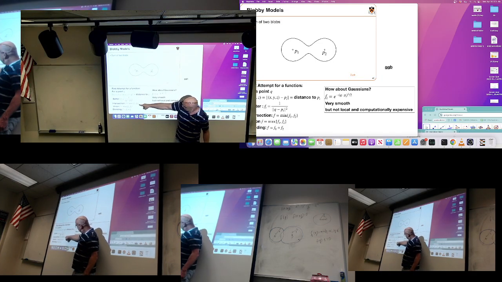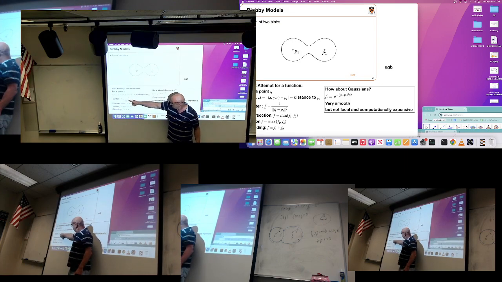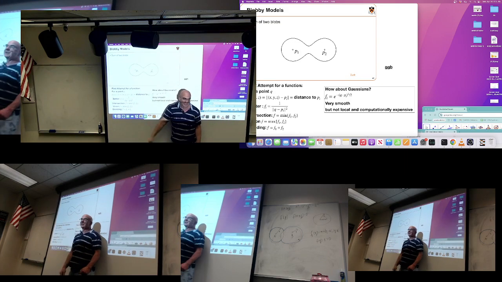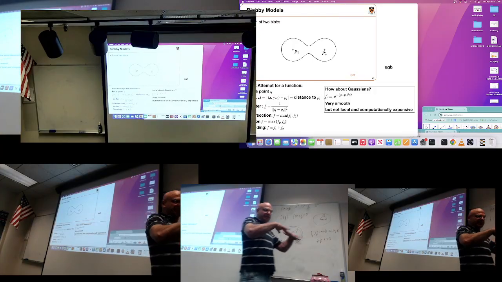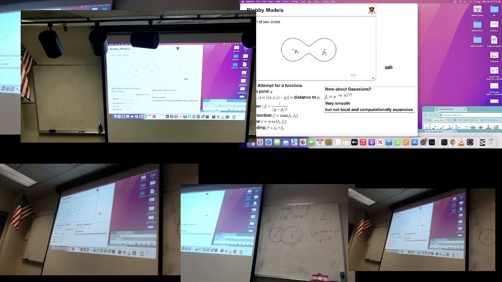So that's fi, the distance to one of the points, and I want to create the level shape of both of them, or I can even use our favorite Gaussians.